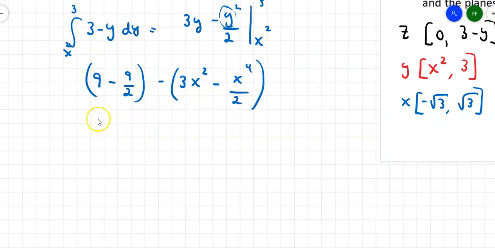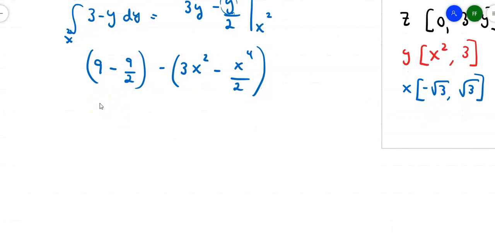All right, so what's 9 minus 9 halves? That's the same thing as 18 halves, so I'm going to end up with 9 halves minus 3x squared minus x to the 4th over 2.